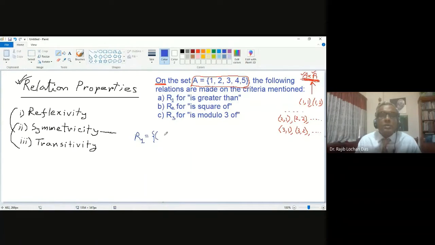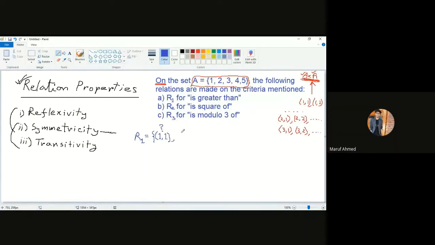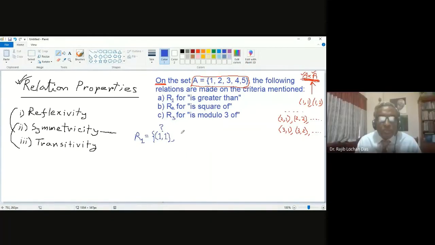You understand my question? Is it possible to have (1,1) in the relation? No, it is not.